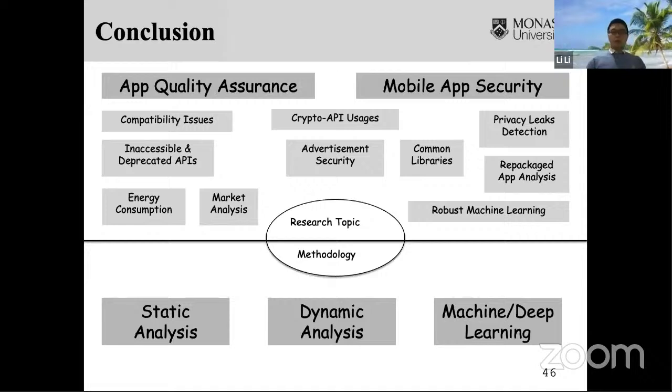The two main research directions handled in our work are app quality assurance and mobile app security. For each direction, I detailed one particular problem, which is compatibility issues and privacy leaks detection.